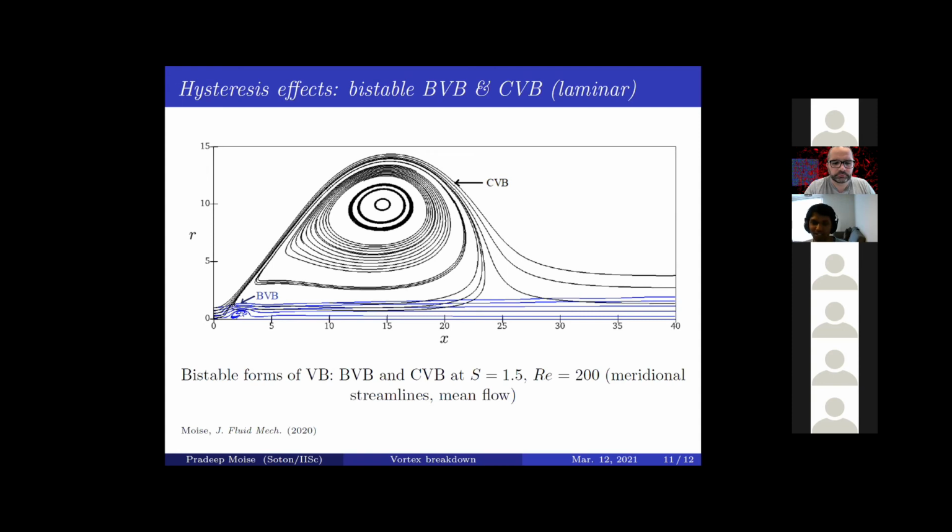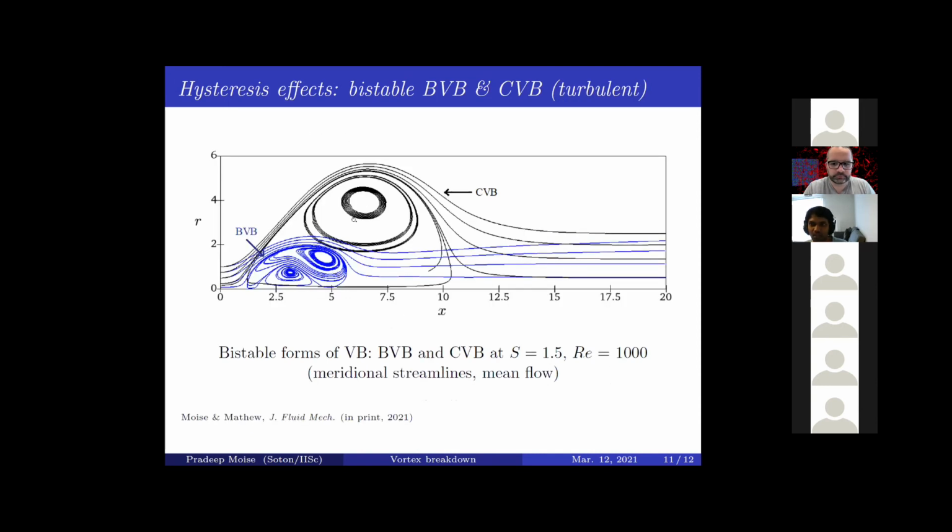And it shows that you can have a recirculation zone size which is of similar length scale as that of the inflow jet, but that's for the bubble form. But for the conical form, you have approximately 15 times larger a recirculation zone, for the laminar case, and it's remarkably different. And these two exist for the same inflow conditions.